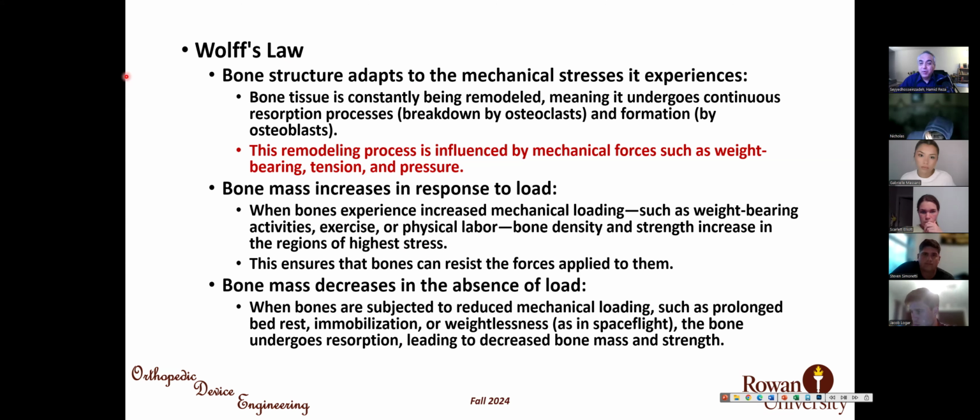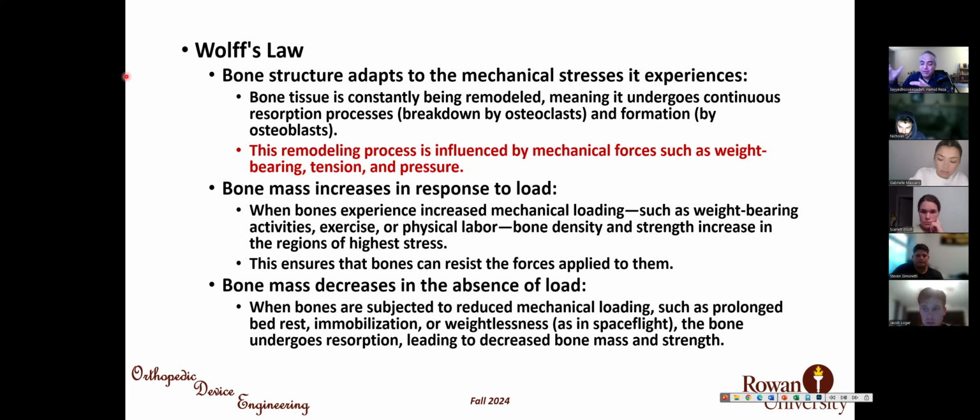So it means that the bone is a dynamic tissue that based on the applied load, the mass and the strength of the bone changes. If the load is increased, the strength must increase. How does the bone increase its strength? By increasing its mass, by increasing more bone.